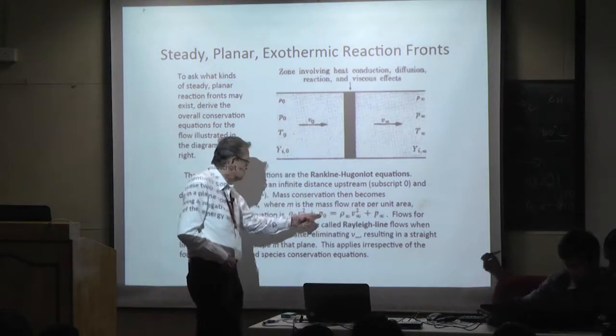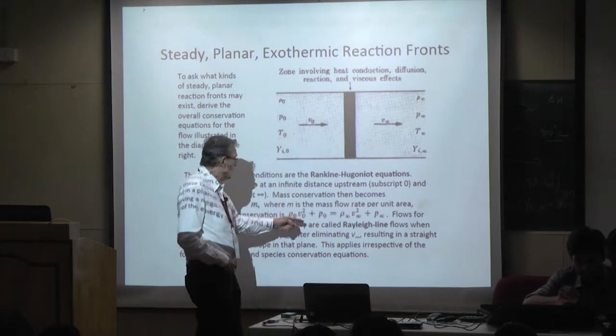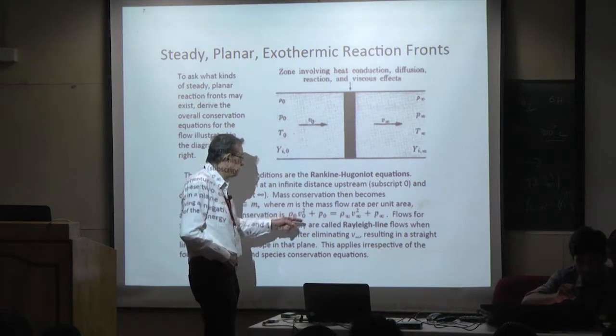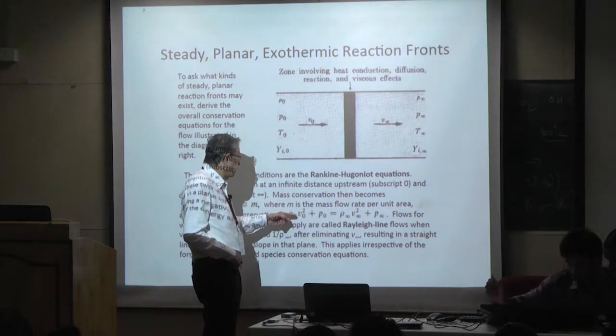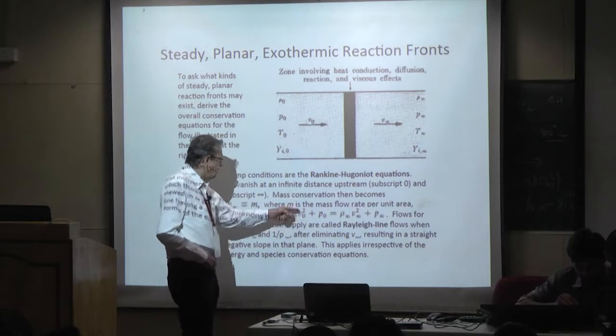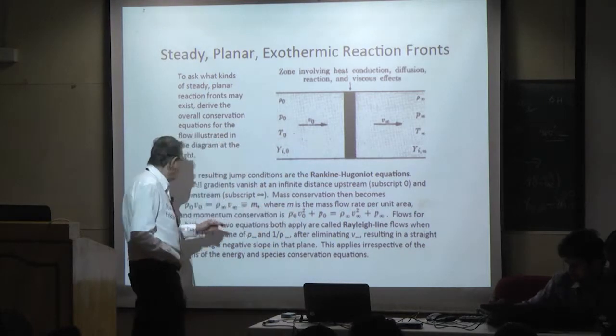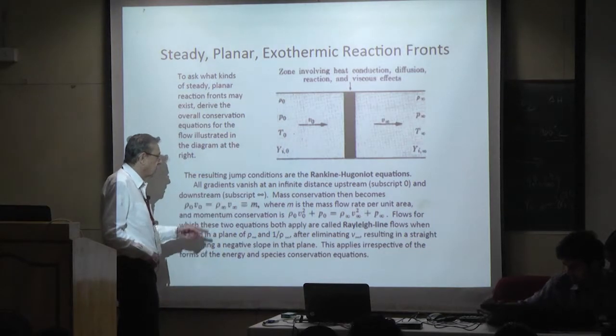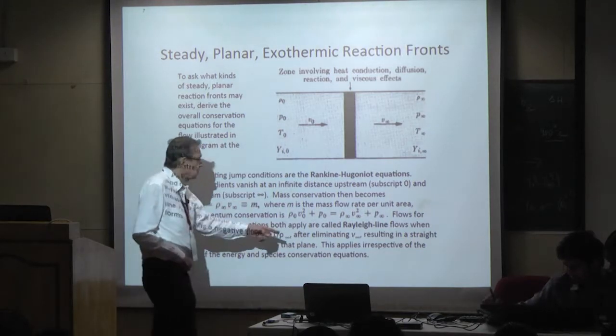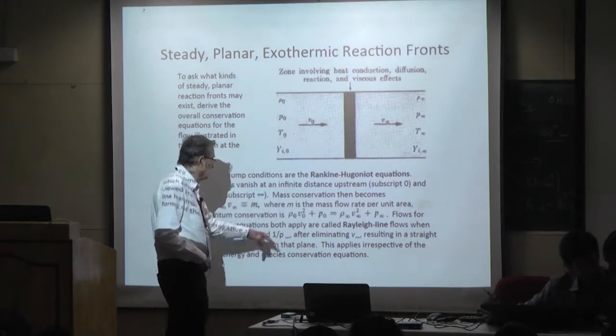P infinity minus P naught will be rho naught V naught squared, and you can eliminate the velocity in terms of this mass flow rate and get an expression for the pressure difference.